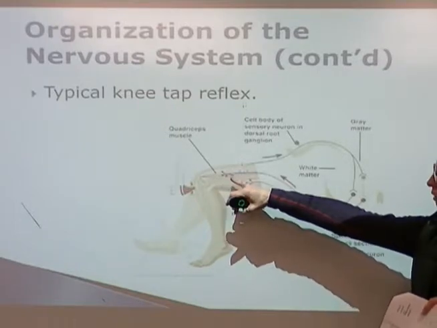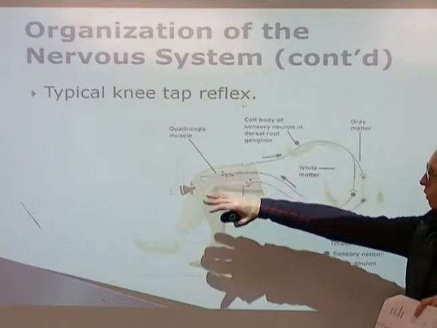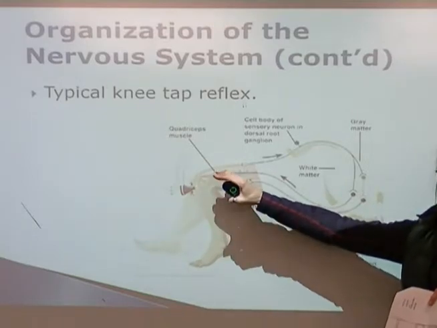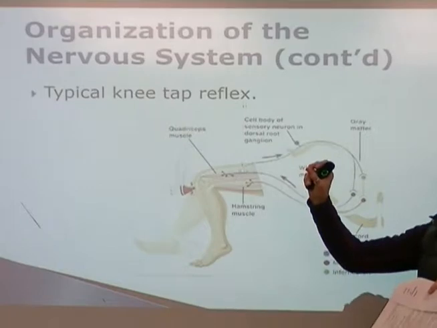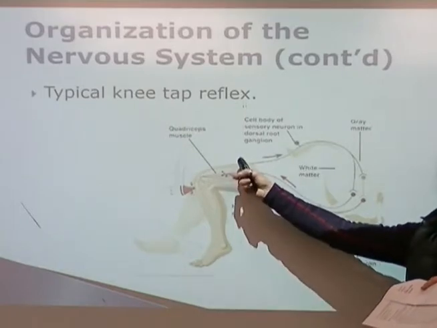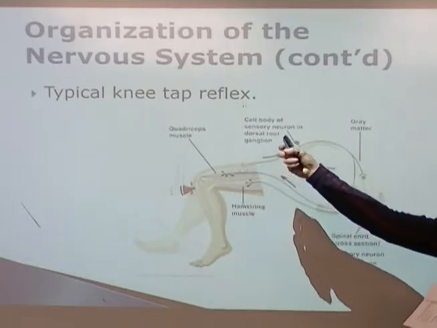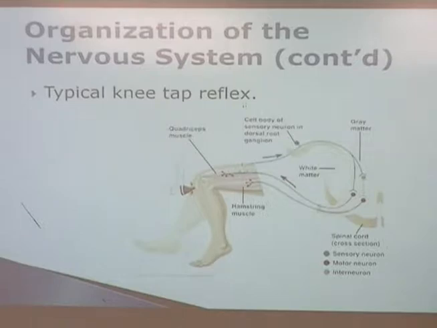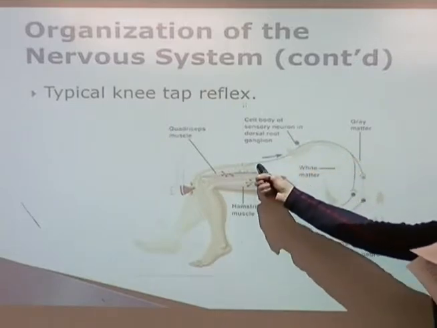So here, it's my quad. I tap the knee, it stretches the quad. If I stretch the quad quickly, which receptor is responding? Which of the two? That's the muscle.